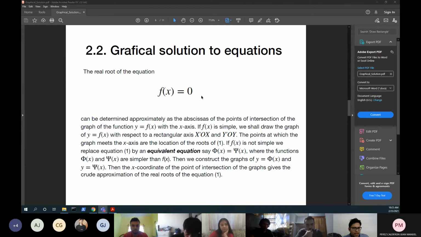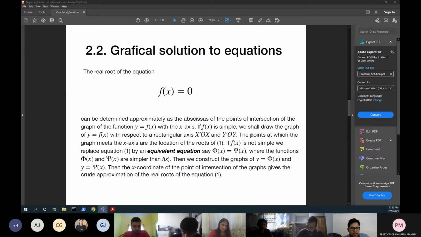If f(x) is very simple, we can just draw the graph of y equal to f(x) with respect to any rectangular axes x'0x or y'0y. So this is just a rectangular coordinate system, the one you know.